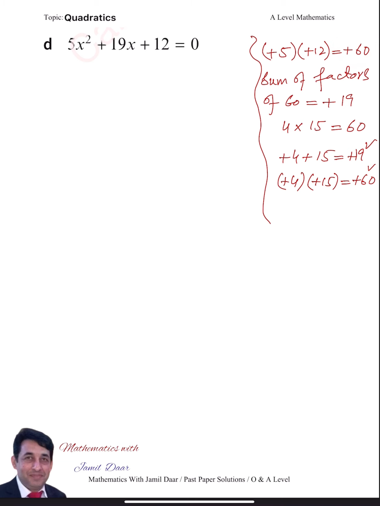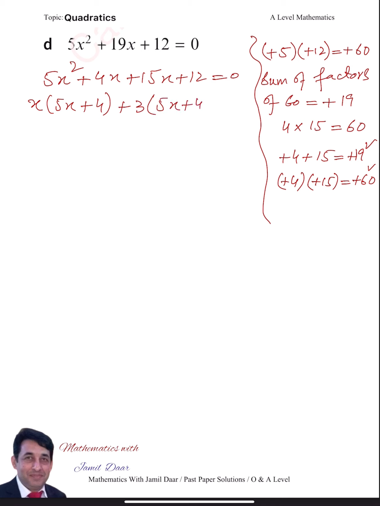Okay, so we'll write 5x square plus 4x plus 15x plus 12 equals 0. Taking x as common, 5x plus 4, and then plus 3, and 5x plus 4 is equal to 0. Taking 5x plus 4 common, here x would be left, and here 3 would be left.